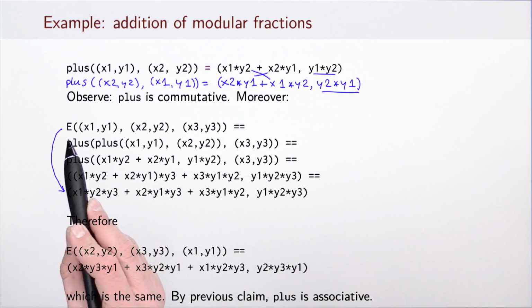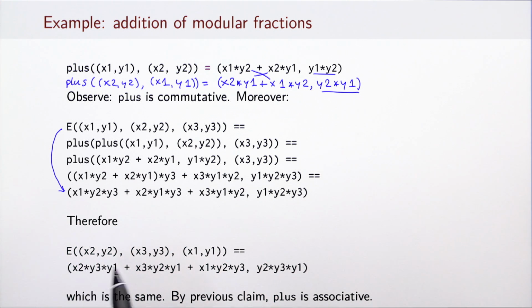Because we have expanded here definition of E in general, it applies also to these other values that happen to be the rotated versions of the original ones. But now we claim that the result is in fact the same. We can see that the second components of the pair are the same because of properties of multiplication. What about the first component?